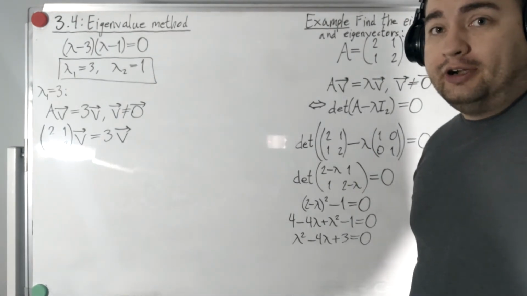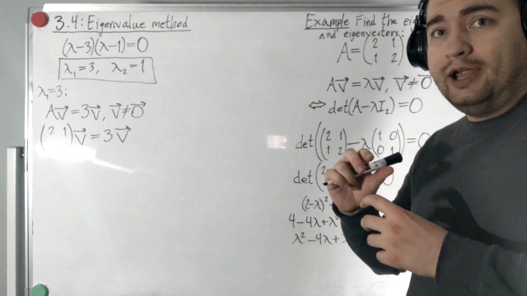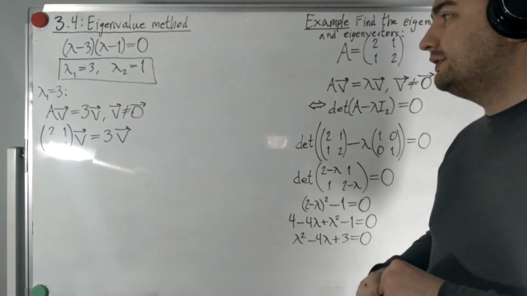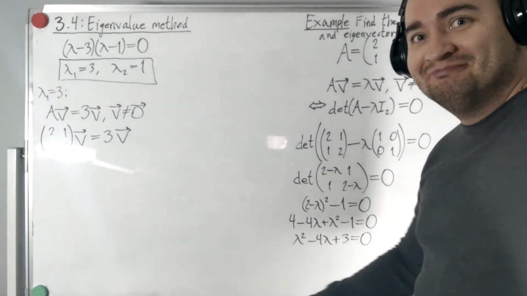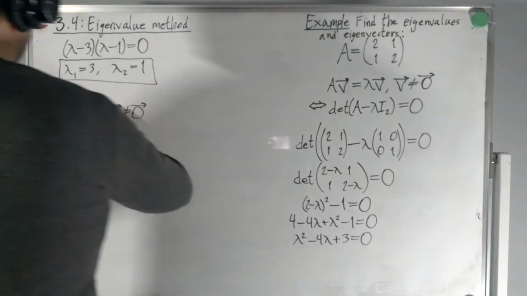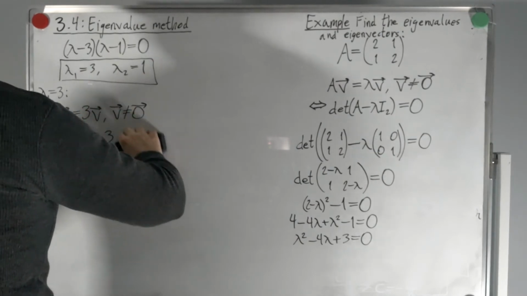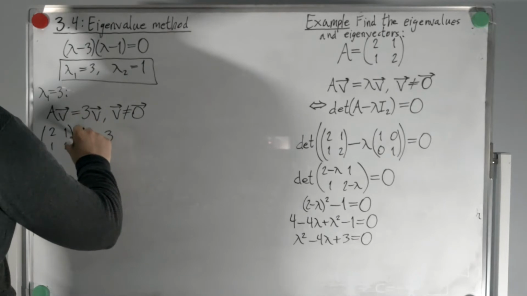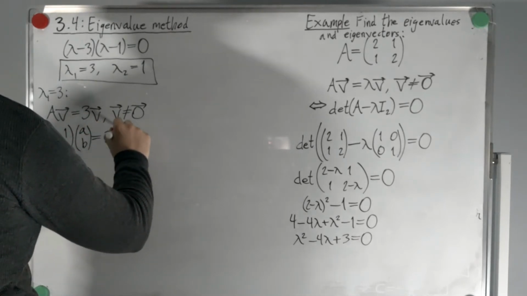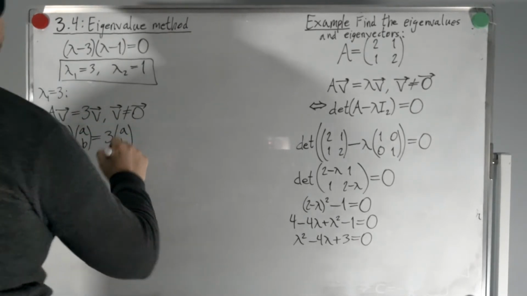So if it's a vector, then it's going to have 2 entries. So let's call those entries A and B for no particular reason. So let's replace this v vector by the vector A, B on both sides.